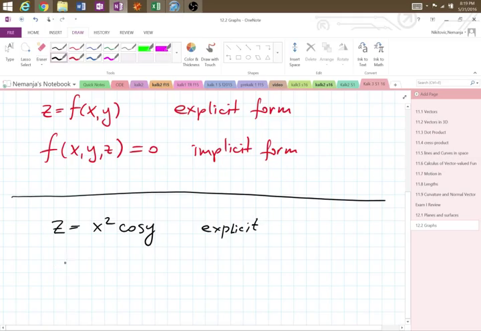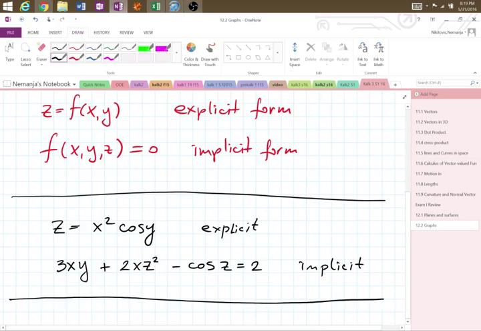Let's say 3xy plus 2xz squared minus cosine z equals, I don't know, 2, whatever, implicit. We're not going to do anything with it, just put the stuff on a pile, it really doesn't matter. If you take a look at the second equation, we cannot separate z out of everything, so that's it. It's implicit.